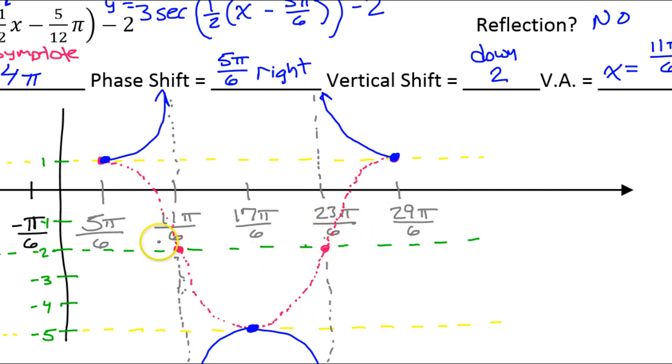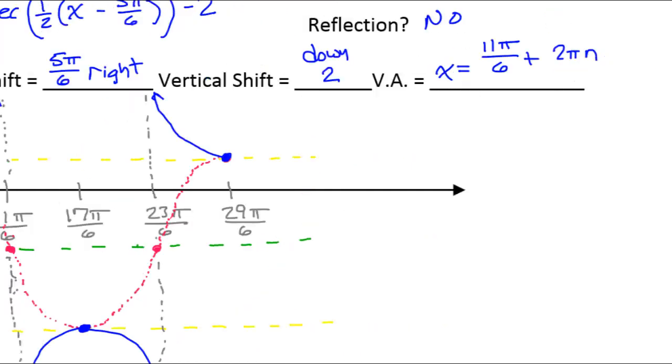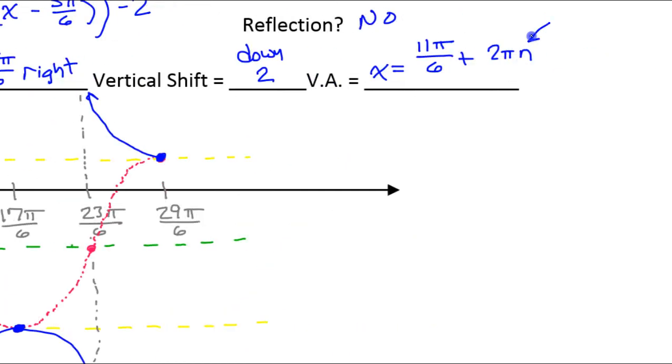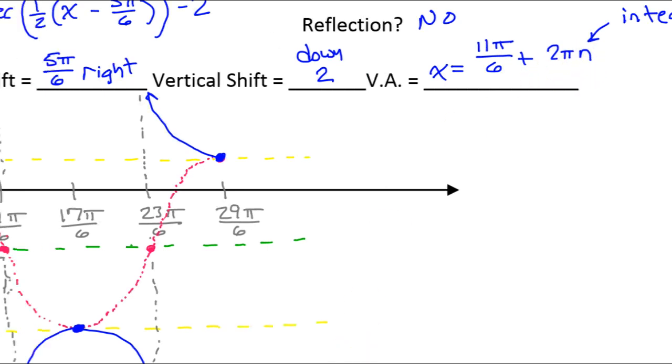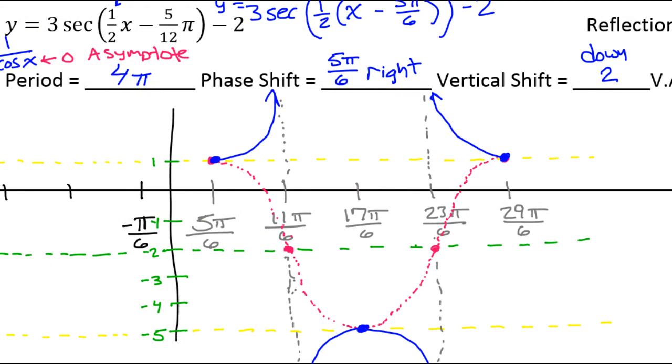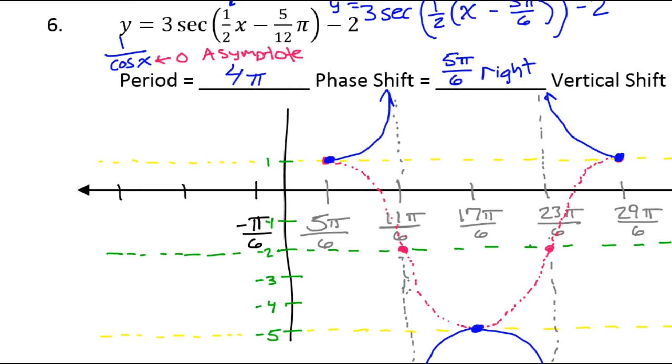Every time I add another 2 pi, I'm hitting another asymptote. So n is an integer, and I must mention that. Integers can be positive or negative. So if n is -1, -2, -3, then that's taking me to the left every time, hitting another asymptote. So that's going to do it for problem number 6.